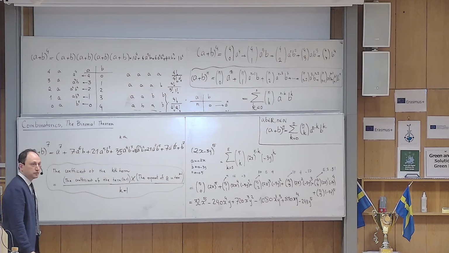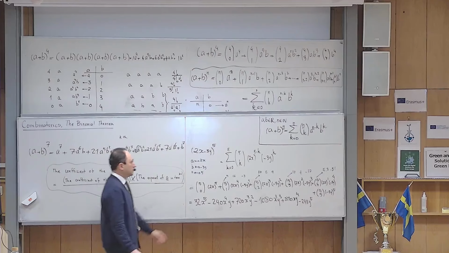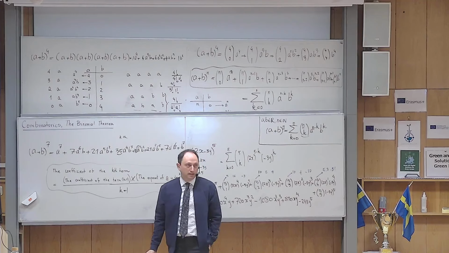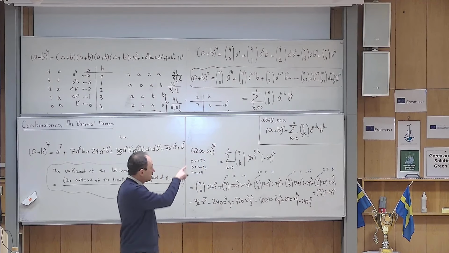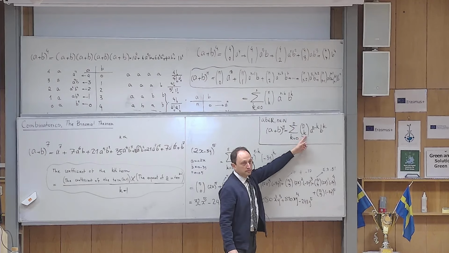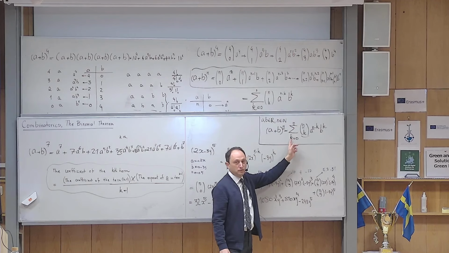But how should we prove this? Okay, look at the formula. Can you tell me what is the coefficient of term k minus 1? This is the coefficient of which term? No, because it starts from 0, so don't get confused.